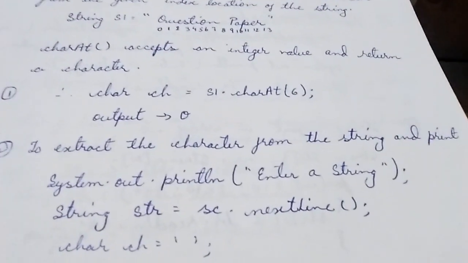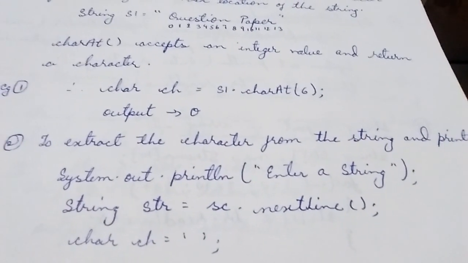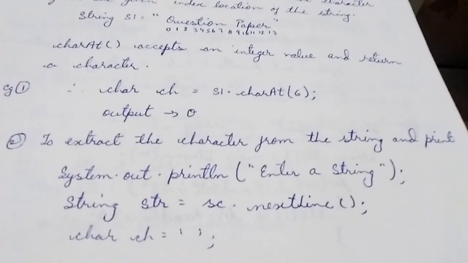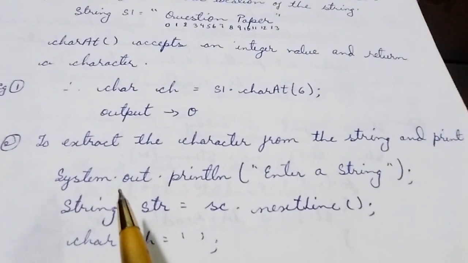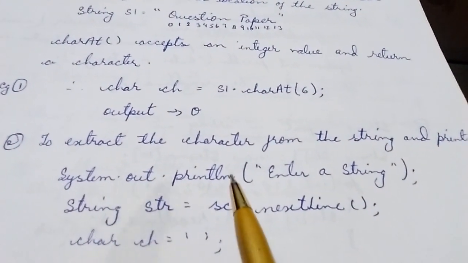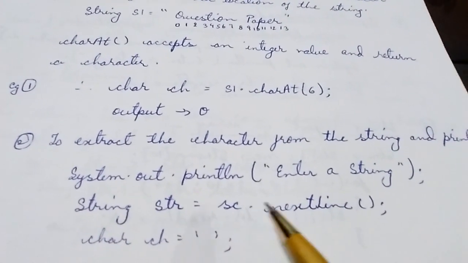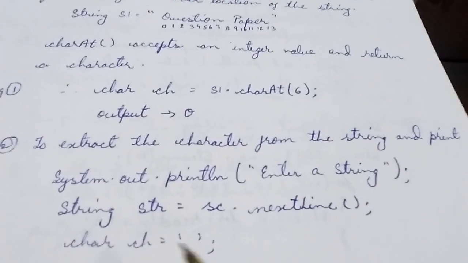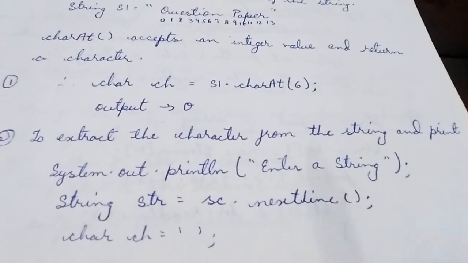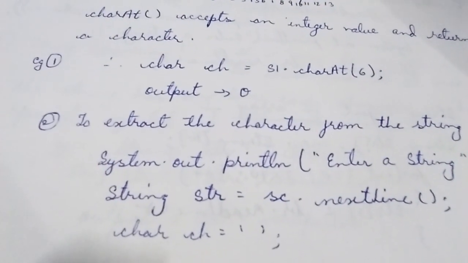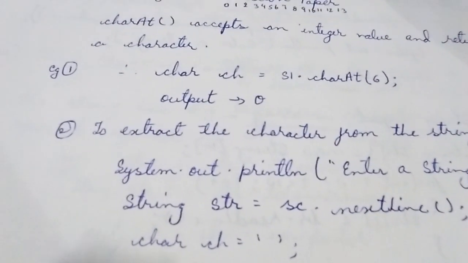To extract the characters from the string and print: suppose a question comes, extract the characters from the string and print them one after another. For that, we will first enter the string. System.out.println, enter a string, str equals to sc.nextLine. So with this method we will input a string and we declare ch as a character variable which is now empty.